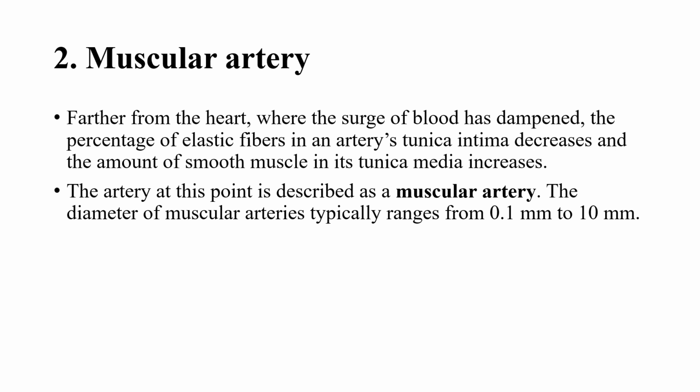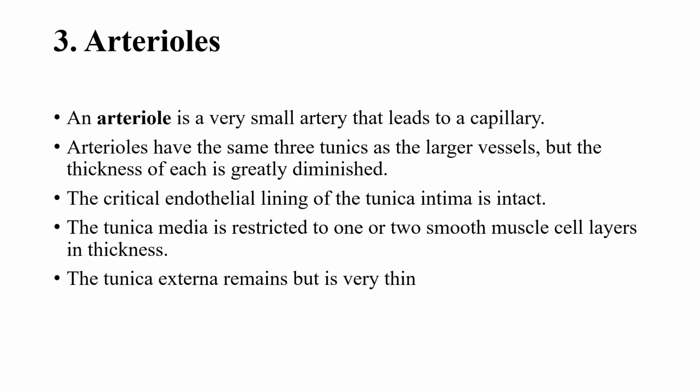Next, arterioles. So an arteriole is a very small artery that leads to a capillary. The arterioles have the same three tunicas as the largest vessels, but the thickness of each is greatly diminished.